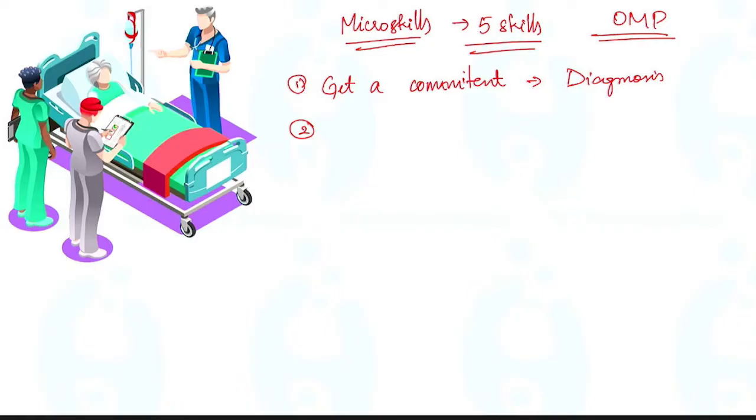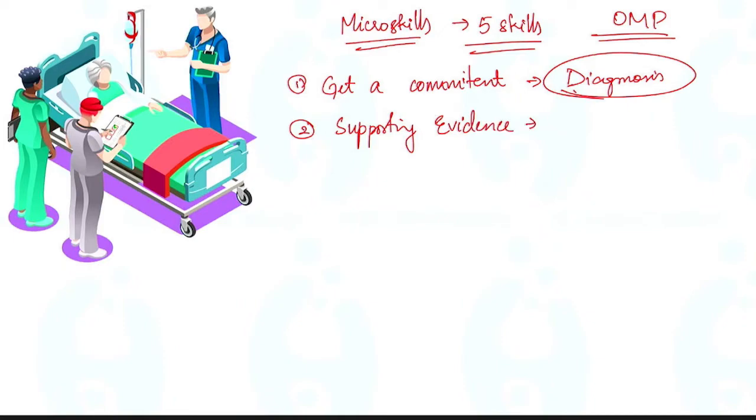The second important step or micro skill to be learned is probe for supporting evidence. Here the clinician will ask the learner why they chose a specific diagnosis, or, if the student is asking for a certain test like HbA1c, the clinician will ask, why are you suggesting this test first?